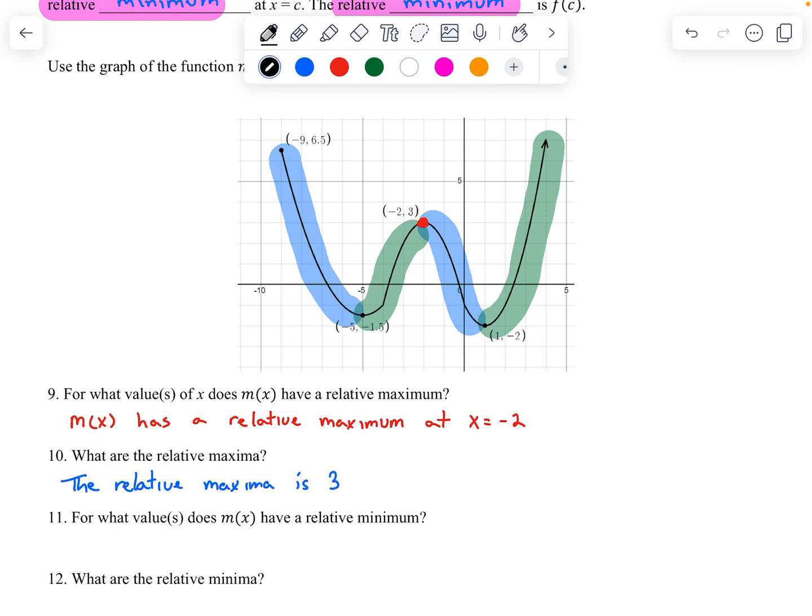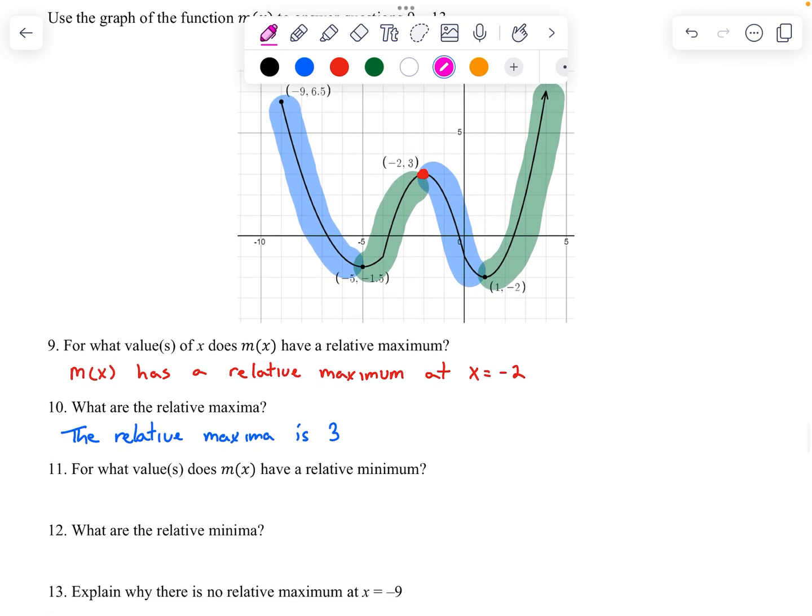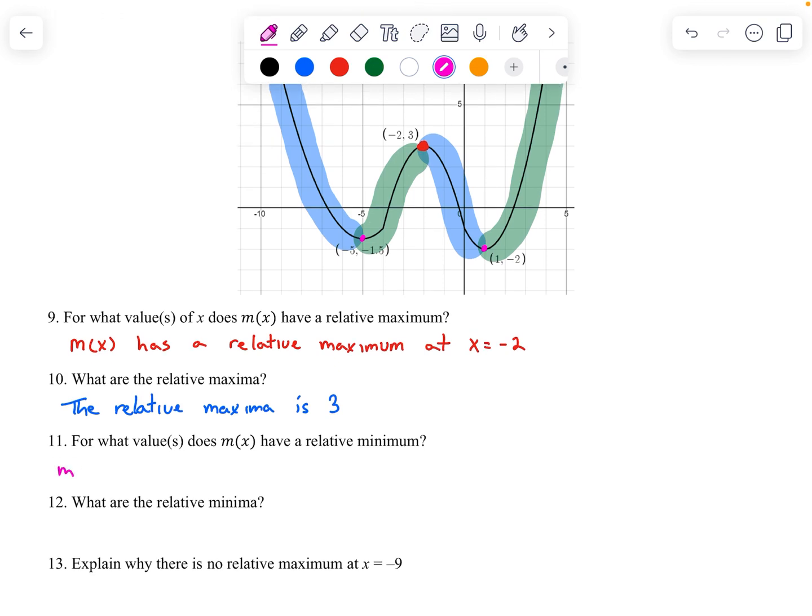All right, so how about relative minimums? For what value or values does m(x) have a relative minimum? Well, relative minimums occur when a function changes from decreasing to increasing. And that occurs in two places: one at (-5, -1.5), and one at (1, -2).